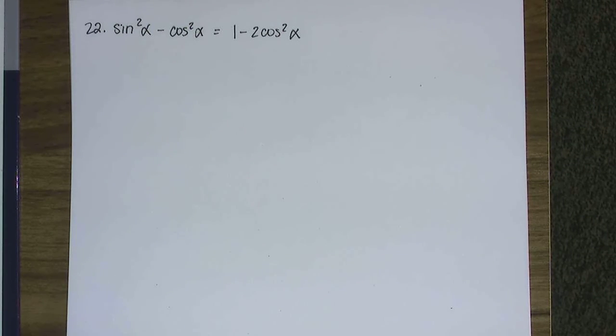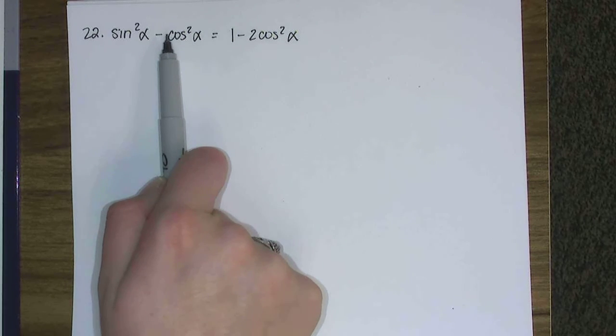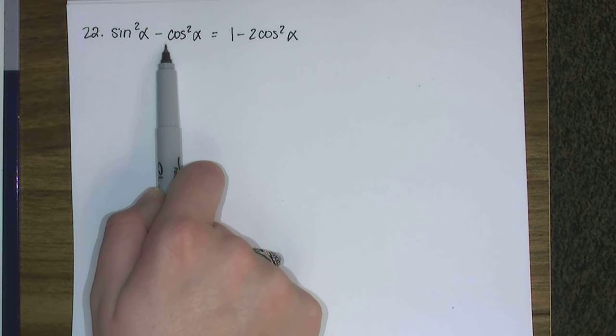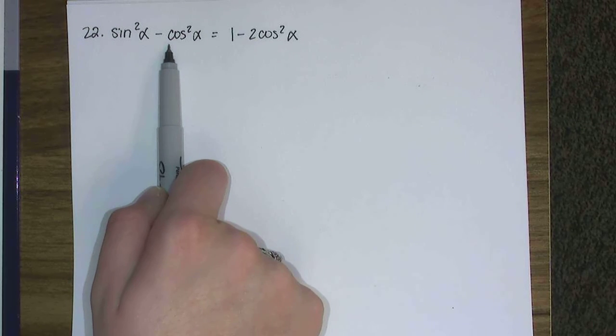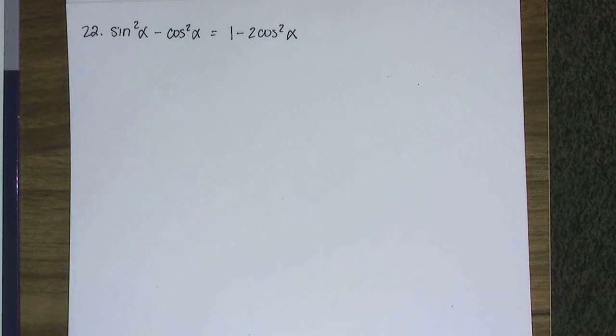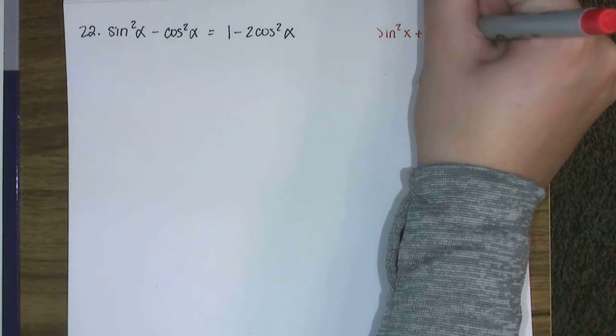Okay, so with this one, what we have here is what looks like a Pythagorean identity, but it's really not, because this sign right here is negative. If this was positive, that would just be 1, and then this wouldn't be true. So we need to evaluate how I could rewrite this. Well, at this point, obviously we have a couple options because of our identity, which we wrote before. That identity is that sine squared plus cosine squared is equal to 1.